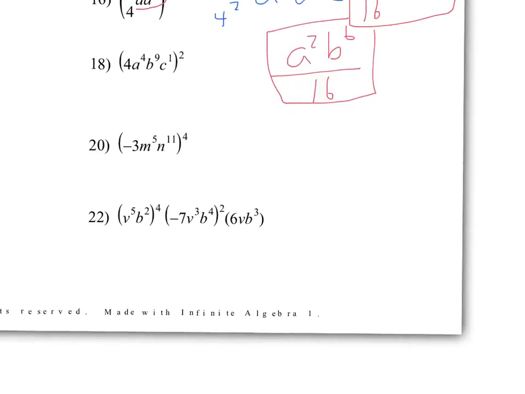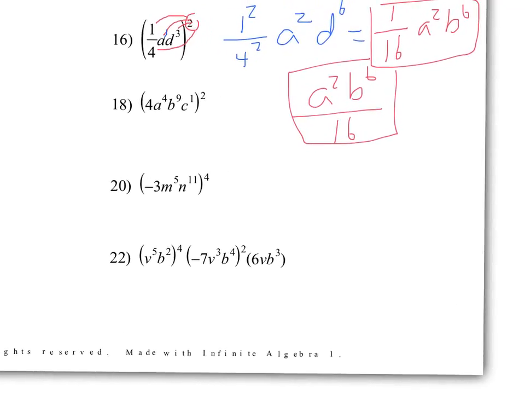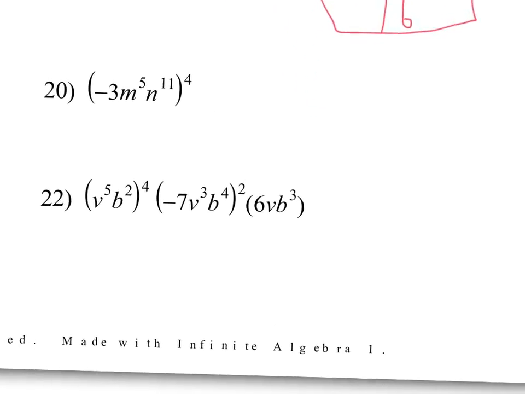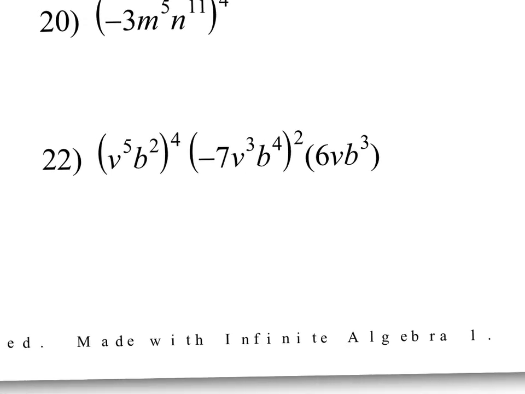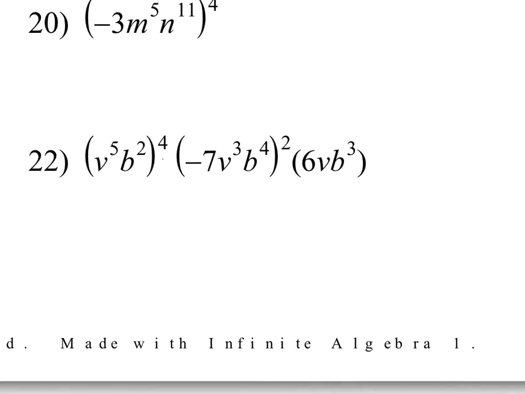Our last one we're going to talk about is number 22, and this one has a lot going on. We have multiplication occurring between monomials. We also have powers that have to be distributed. So we have to do powers first. So 4 gets distributed to each one, which would give us v to the, again, power to a power, we multiply.